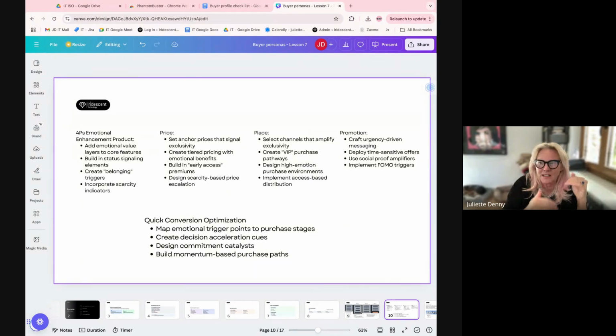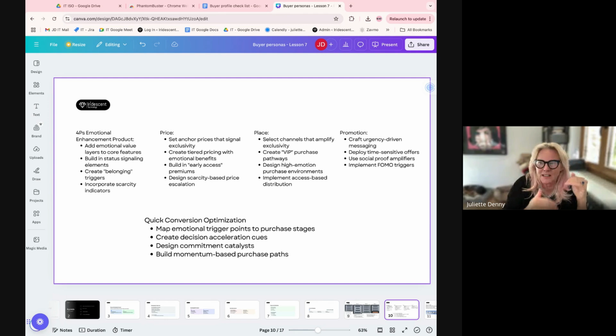Next, we look at price, right? When we were looking the other day at gin, is there a price that signals exclusivity? Could it be so expensive that, while you've obviously got a higher margin, you're also sending out signals that it's a high quality product?